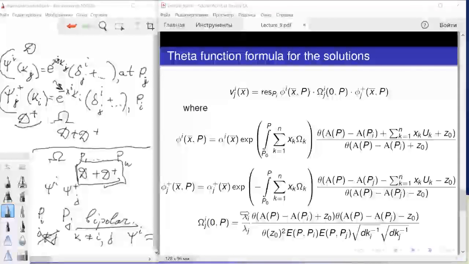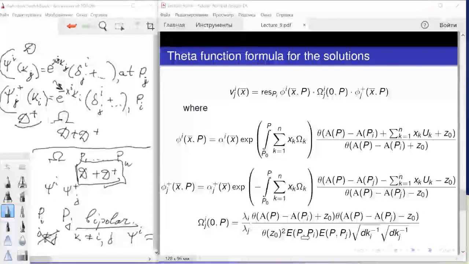And what should we do in order to calculate a residue at the point pi? We just should notice that this expression E of pi has a simple zero when p is equal to pi.